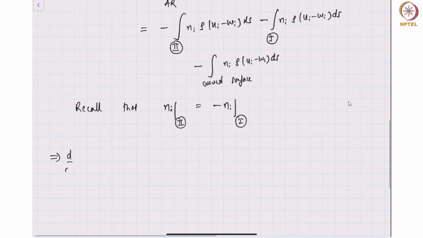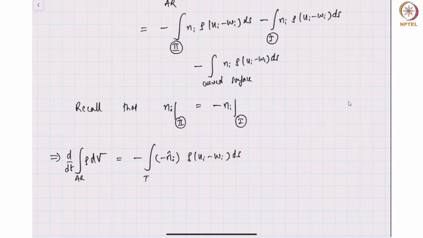I have d by dt of the integral of rho dV over the arbitrary region equal to minus the integral of minus n_i hat rho (u_i minus w_i) dS over region 2, then minus n_i hat rho (u_i minus w_i) dS over region 1, and then minus the integral over the curved surface.